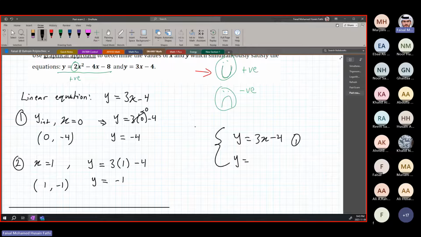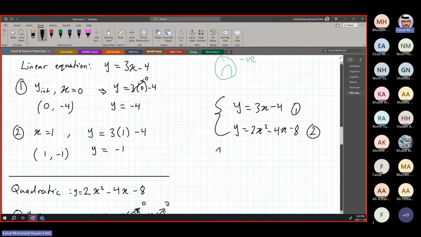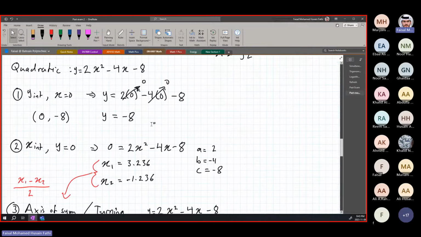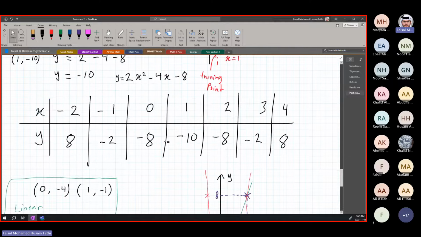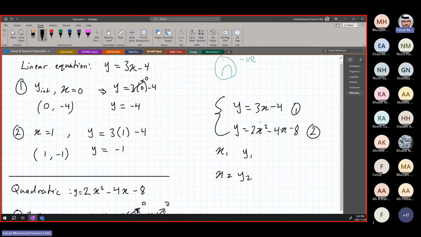And then y is equal to 2x squared minus 4x minus 8. This is equation 2. Then start solving your simultaneous equations. You will get the x1, y1 values and the x2, y2 values, and they should be exactly the same as the points you will find here as your solution. So this is just to check. This is for checking purposes.